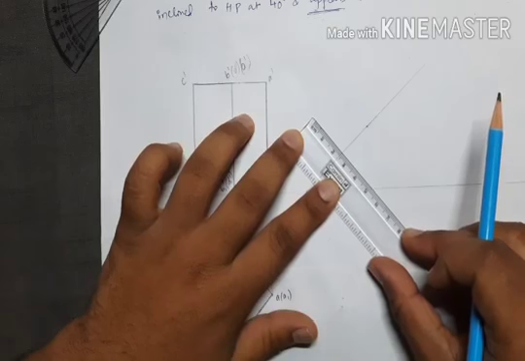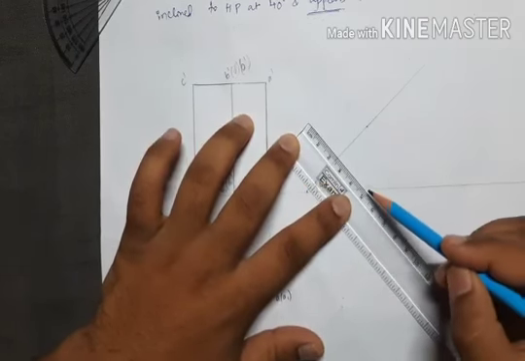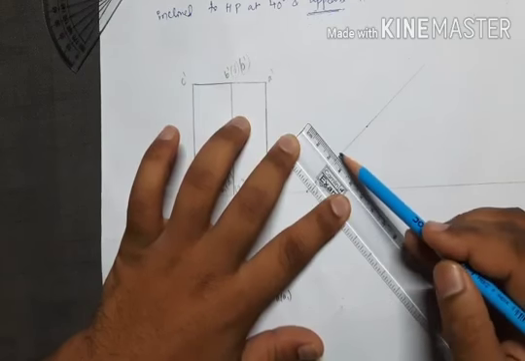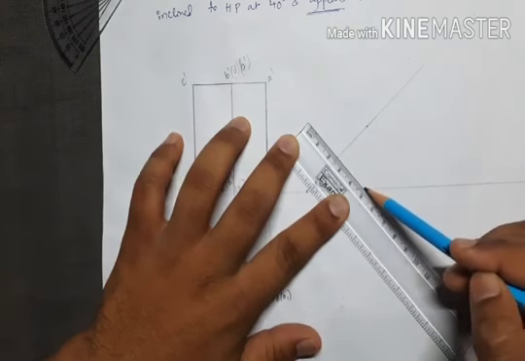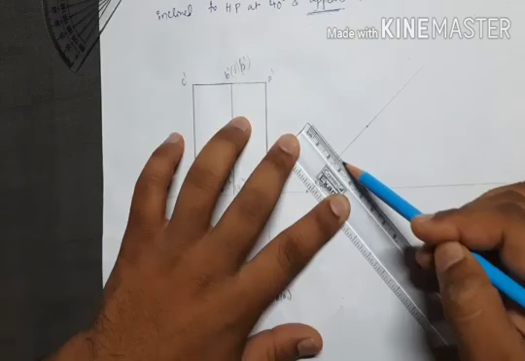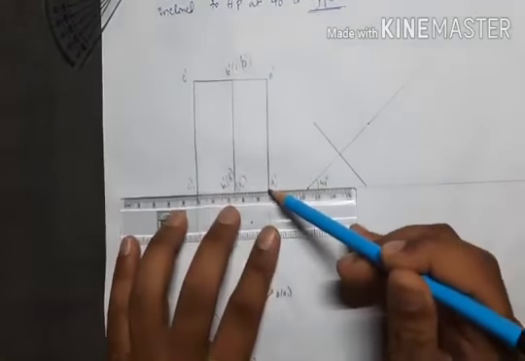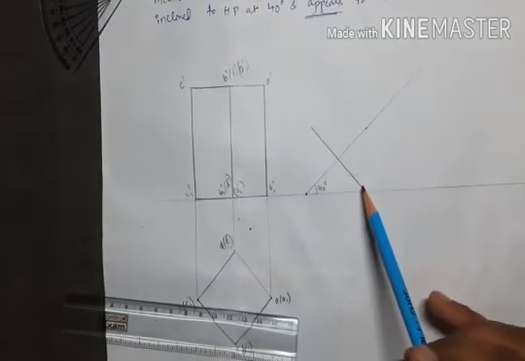Okay, I'm moving the scale such that 48 is on this XY line. So this is the 48 mm, and this point is 24. So I have transferred this line at this position.